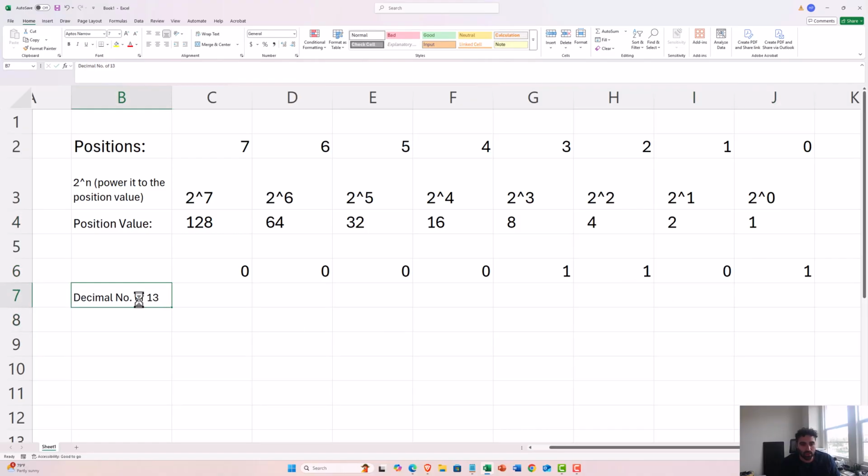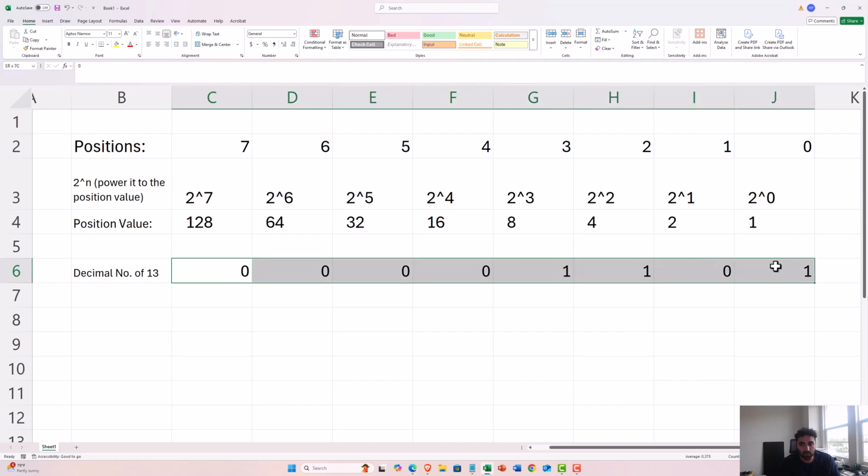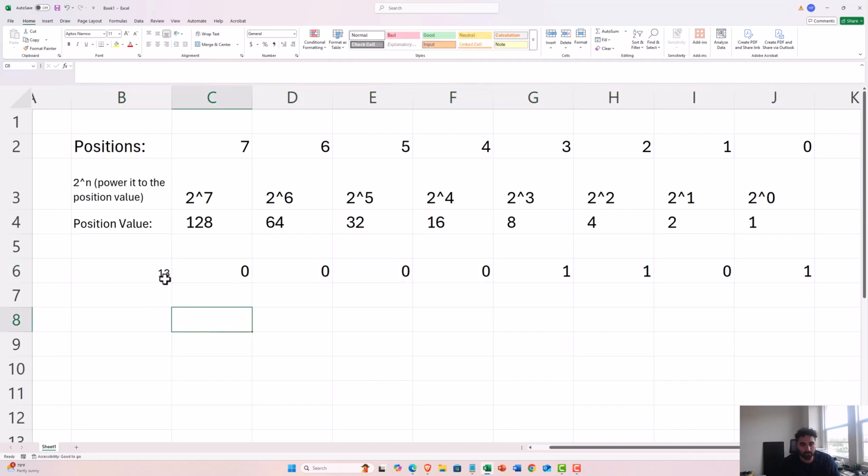So when we want to convert the decimal number 13 into binary, this is what the binary would look like. Okay? 0, 0, 0, 0, 1, 1, 0, 1. The reason why it'll look like this is because it's 8 plus 4 plus 1. Okay? 8 plus 4 plus 1 equals 13.